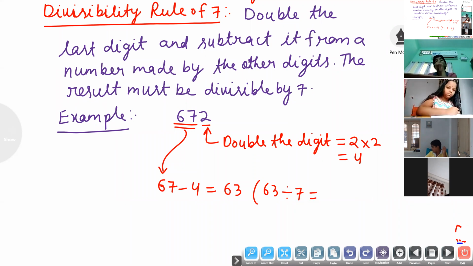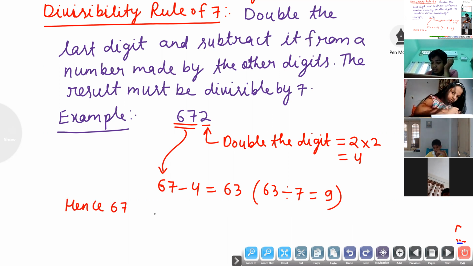A whole number is coming. Then I can say, hence 672 is divisible by 7.